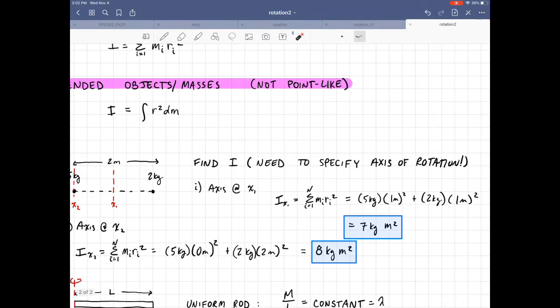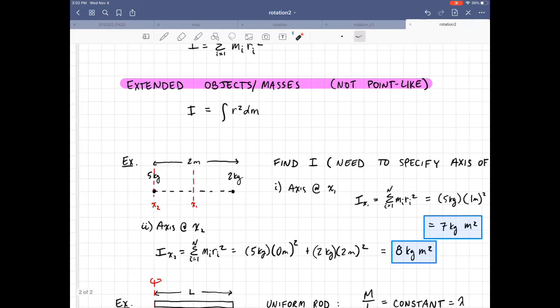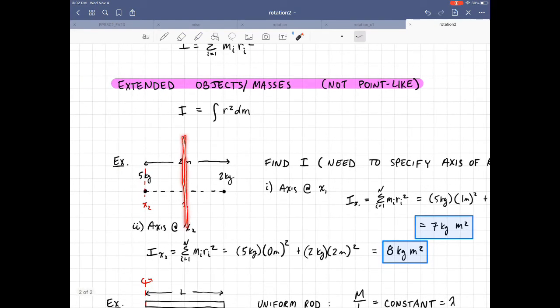And so I've got my mass multiplied by r squared. And then I'm going to add the next term, the 2 kilogram mass. How far away are we from the rotation axis? Again, 1 meter. And so I've got these two terms to add up, and I get 7 kilogram meters squared for the moment of inertia when rotating about this axis through the center.